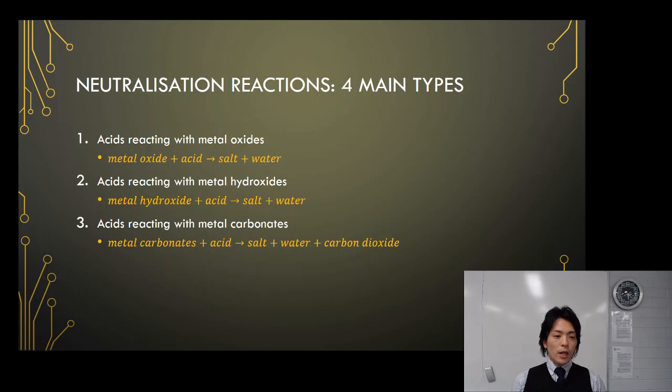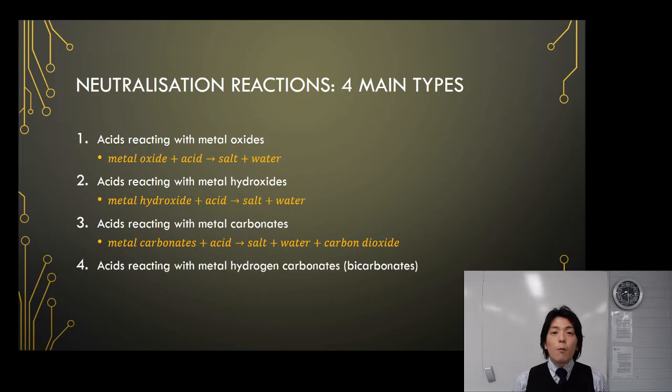Next, acids reacting with metal carbonates. Now, whenever there is a carbonate, you get carbon dioxide as one of the products. In this case, from metal carbonates and acid, you get salt, water, and carbon dioxide. Lastly, acids reacting with metal hydrogen carbonates.